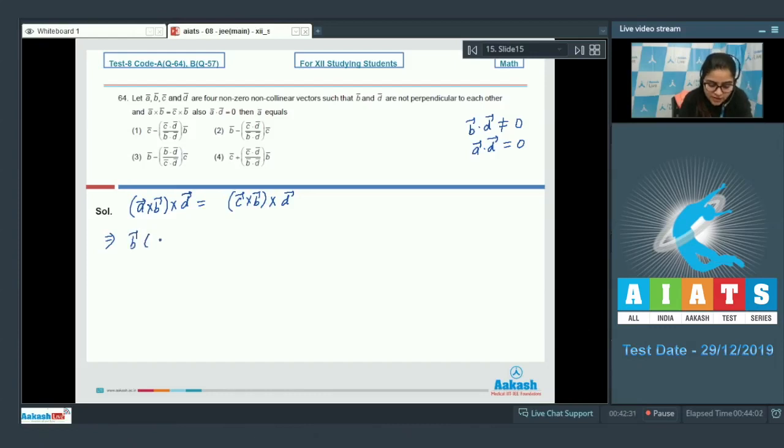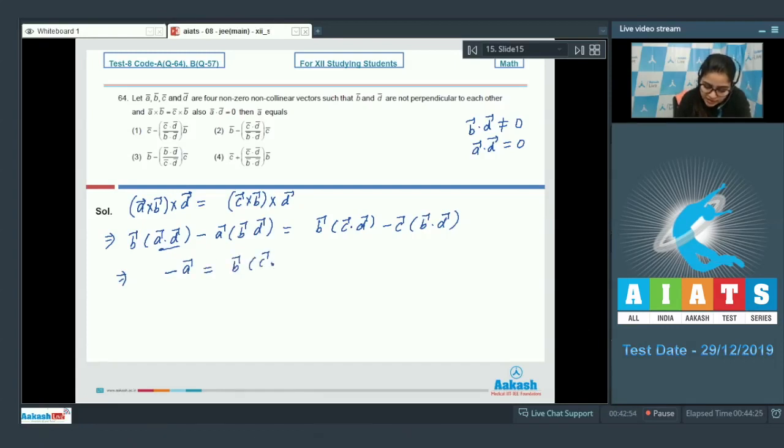Simply b times (a dot d) minus a times (b dot d), that is equal to b times (c dot d) minus c times (b dot d). So you know a dot d is 0 according to the question. So minus a is equal to b times (c dot d) divided by (b dot d), because this is not equal to 0, minus c.